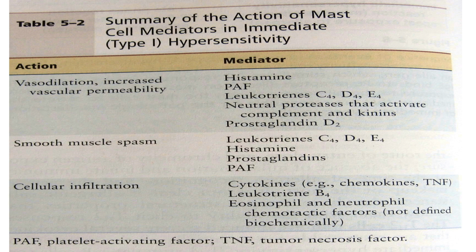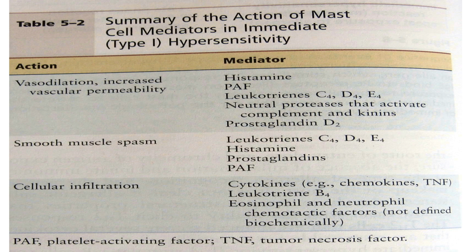We see disorders that are related to this allergic reaction, type 1 hypersensitivity. Mediators are secreted: histamine, PAF, leukotrienes C4, D4, E4, and other mediators.